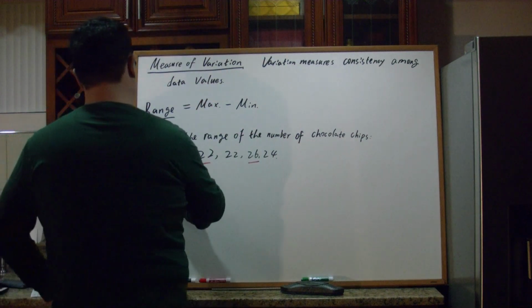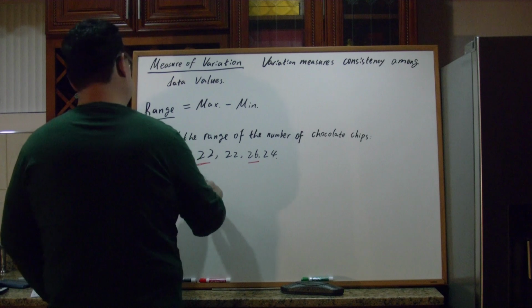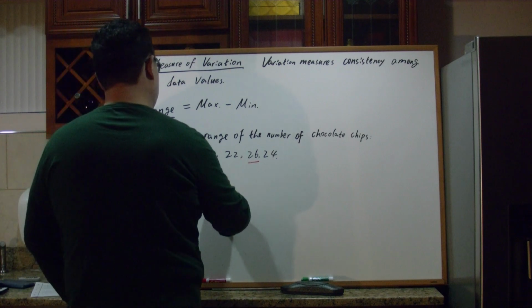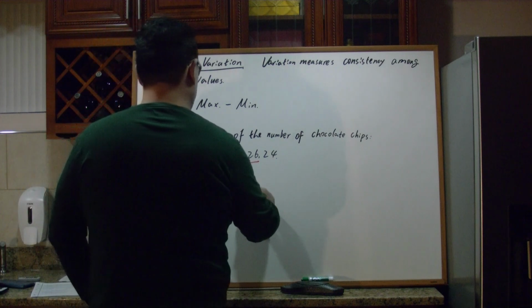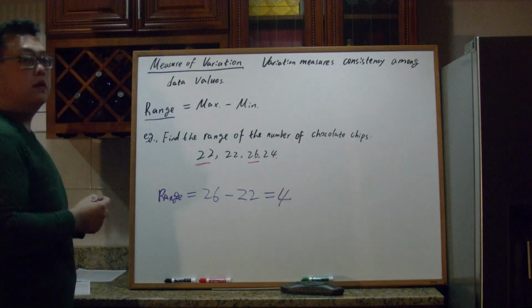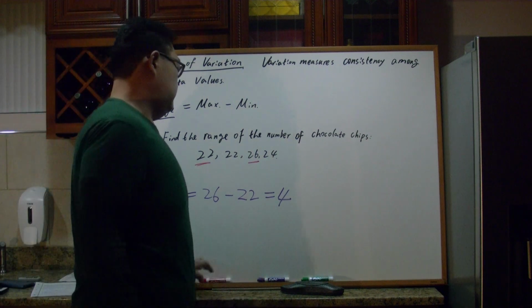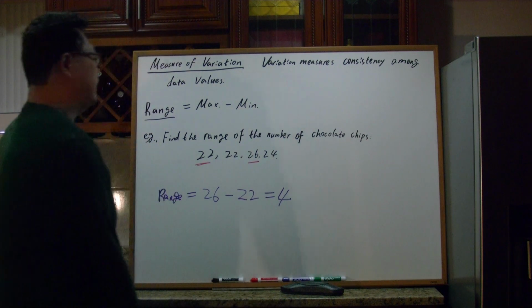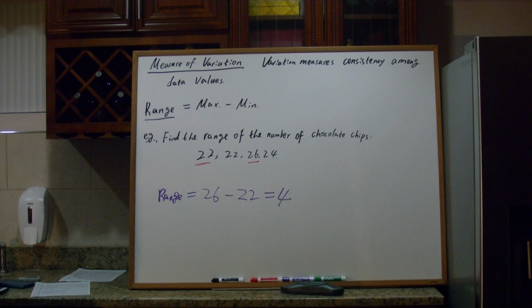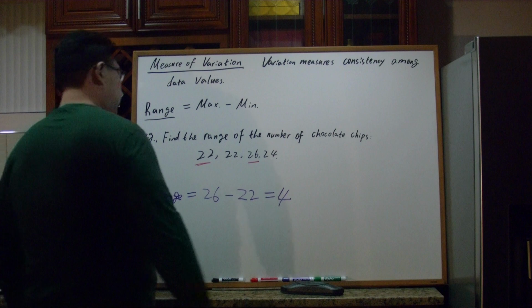The range is the maximum 26 minus the minimum 22, which equals 4. The range is 4. It's just one type of measure that shows how wide the data set is.